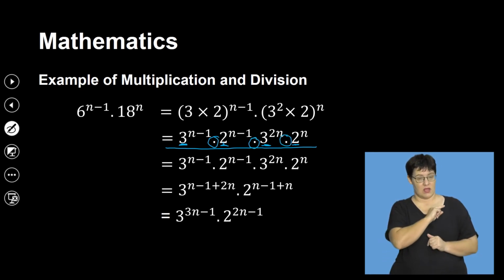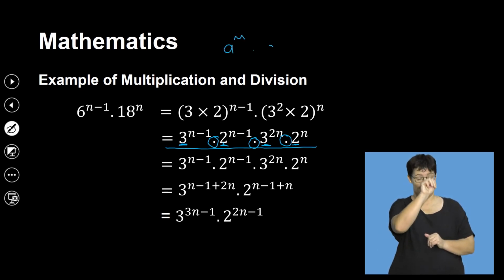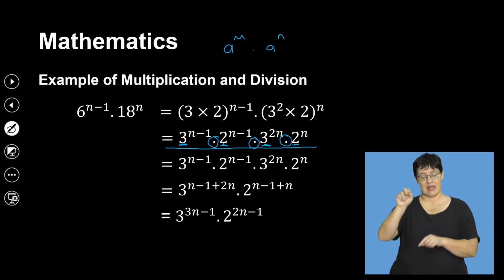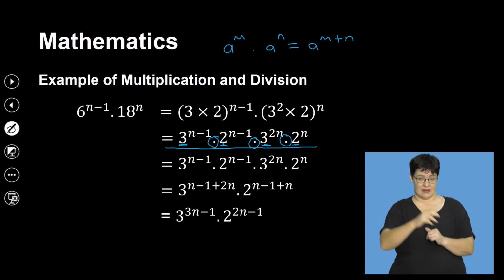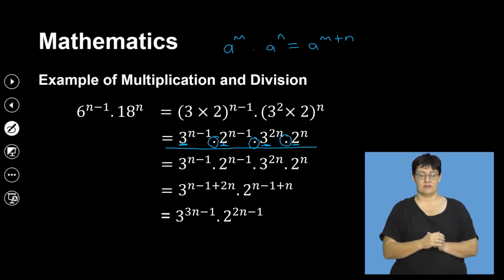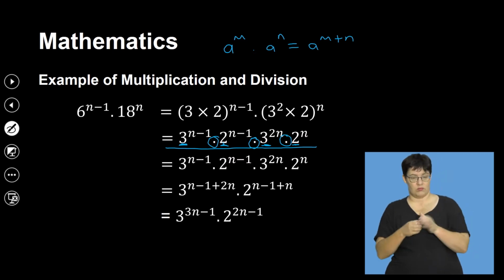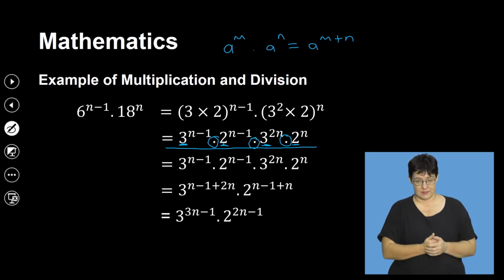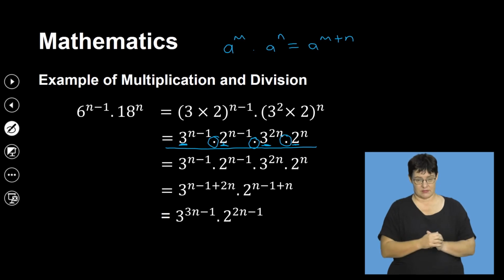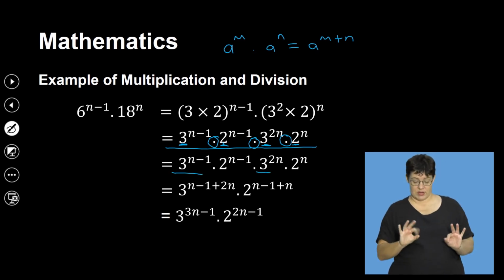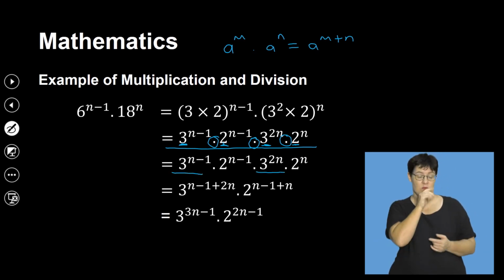Therefore, remember the law. If I have a to the exponent of m multiplied by a to the exponent of n, the law says I must add my exponents. Therefore, I will group them according to the same bases so that I can add my exponents accordingly. So the 3 will go with the 3 there, which will make it n minus 1 plus 2n.